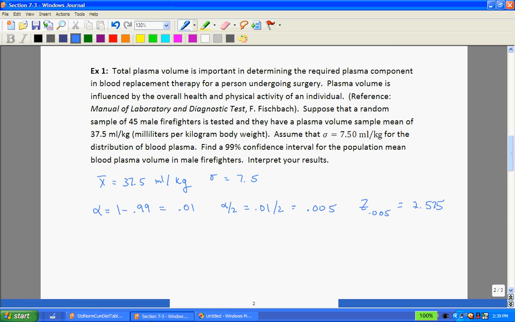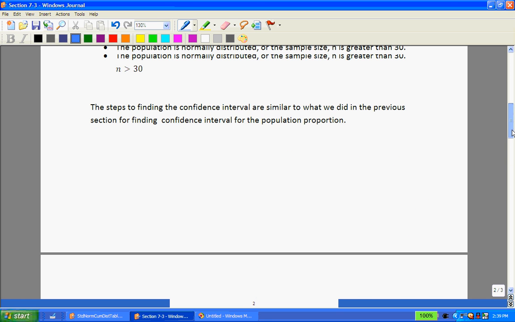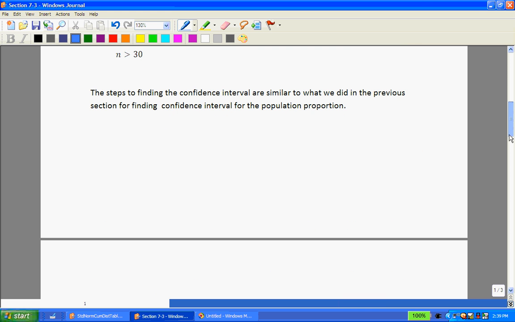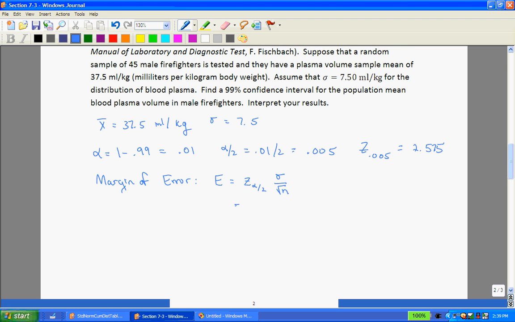Now that we have that, we go to calculating the margin of error. So E is equal to z sub alpha over 2 times sigma over the square root of n, just as it was stated in our formula. We know our z-score, that's 2.575.